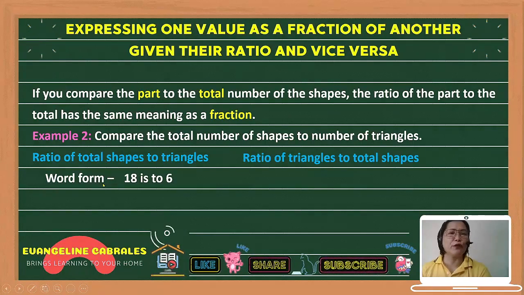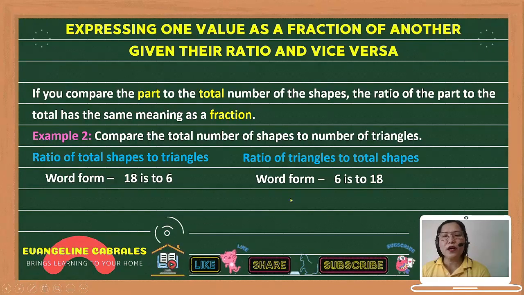So, sa word form, 18 is to 6. 18 is the total shapes. Pag inadd mo yung circles at saka yung triangles, ang total niya is 18. And then, since it is being compared to the triangles, the ratio is 18 is to 6. And its vice versa in word form is 6 is to 18.